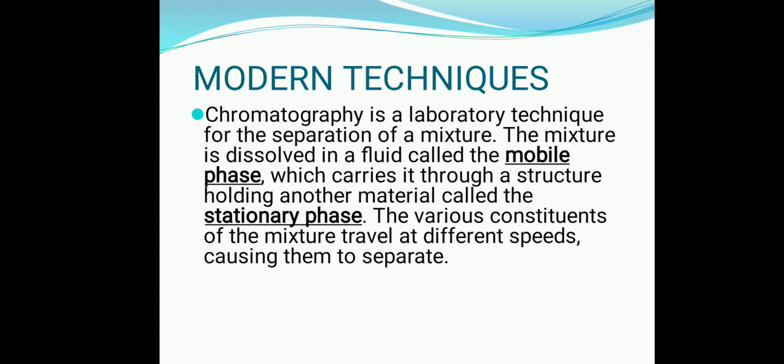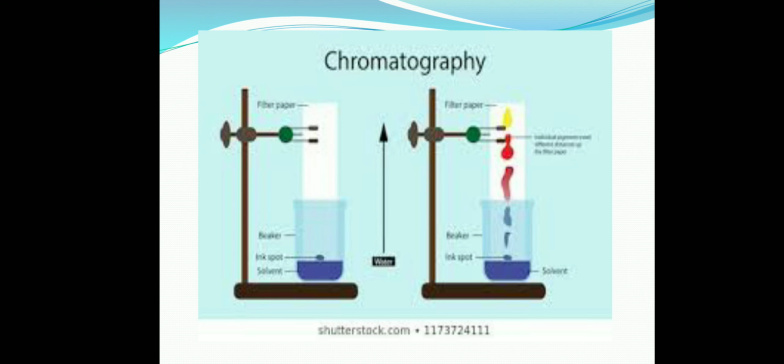The various constituents of the mixture travel at different speeds, causing them to separate. You see the different constituents of the mixture, for example here, they travel at different speeds, and this is how they get separated on the stationary phase, that is the Whatman paper or the filter paper.